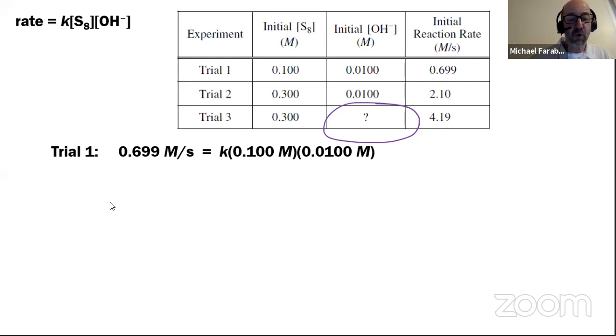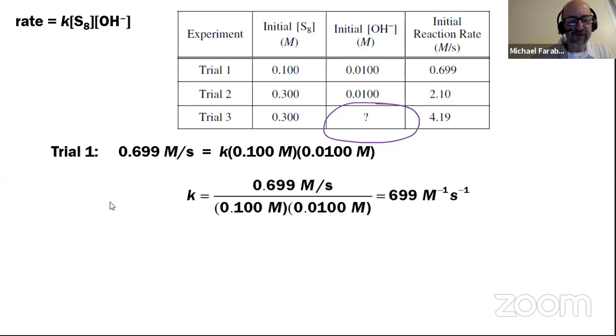Again, we know that they're first order because we figured it out in part Roman numeral 1 of this, and then they told us it was first order for the hydroxide. Let me go ahead and do the math and solve for K. So 0.699 divided by 0.1 divided by 0.01. So the value of K is 699 inverse molarity inverse seconds.